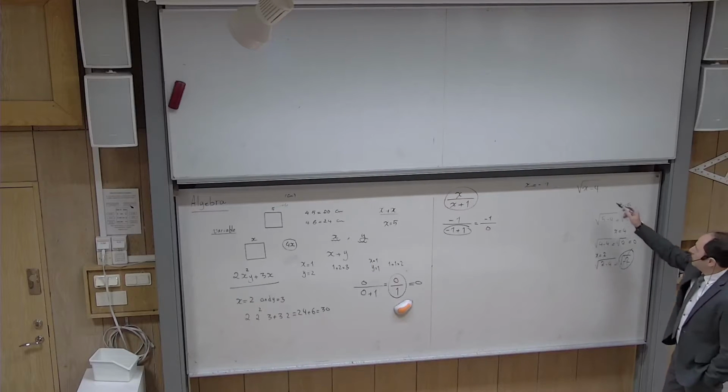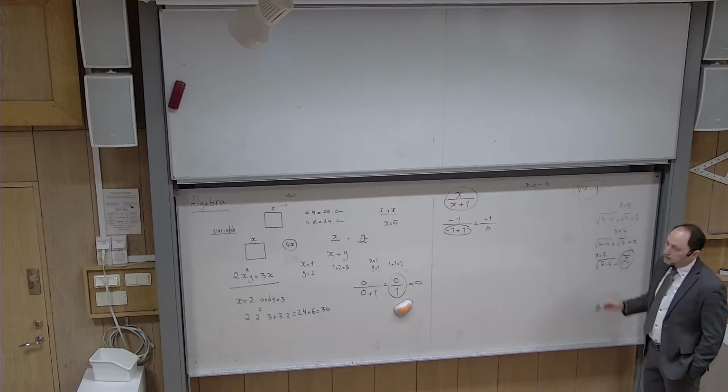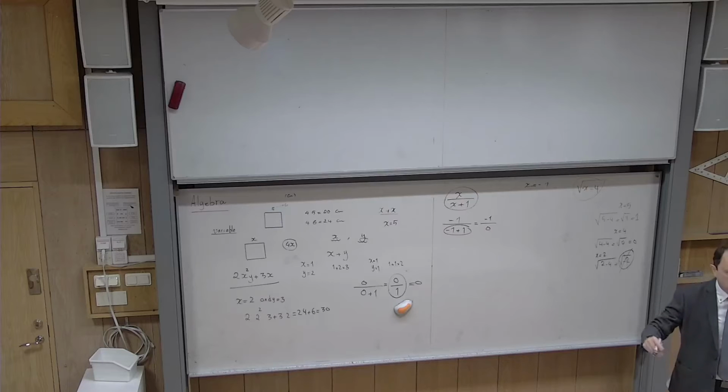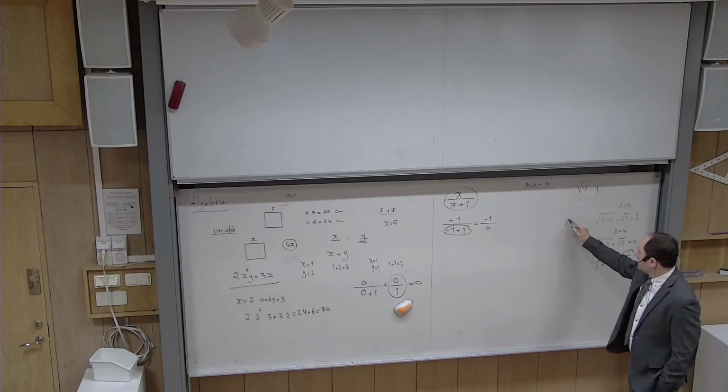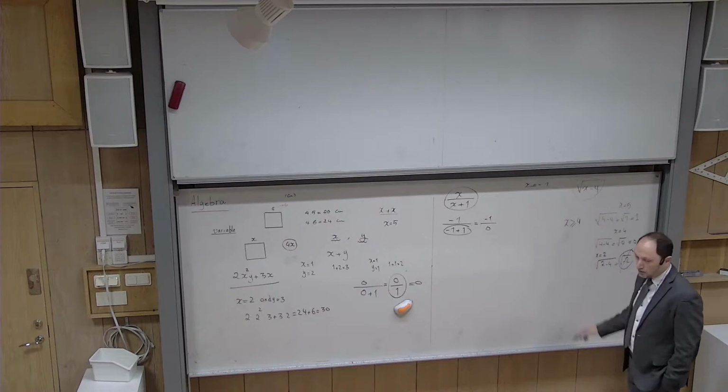So again, when I talk about this algebraic expression, you need to understand I am talking about it whenever it is meaningful. Can you tell me for which values this is meaningful? Exactly. So how do you write it? You say that x is greater than or equal to 4.